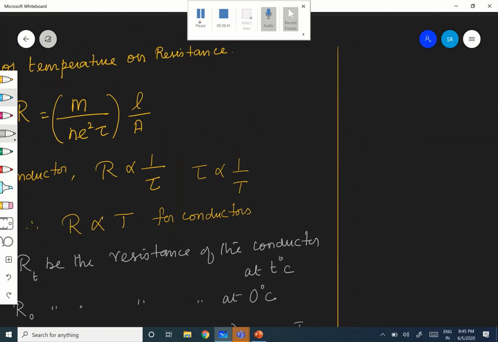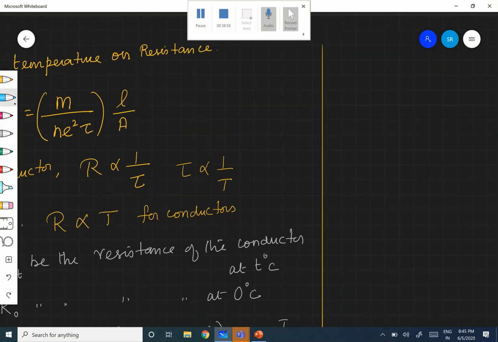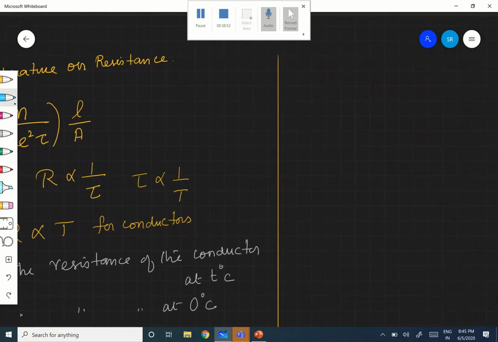See, here, for semiconductors and insulators, what is the value of alpha? I can say it first, and I'll give the explanation afterwards.